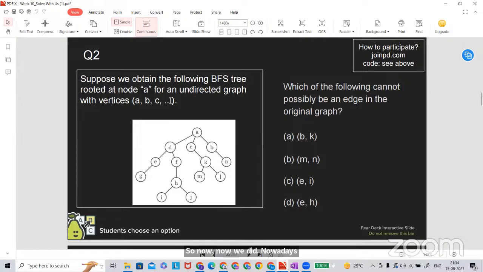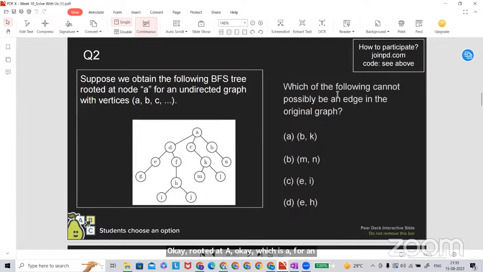So let's solve this problem. I think the next problem may be on DFS. We'll see there. Suppose we obtain the following BFS tree rooted at A, for an undirected graph with the vertices we have.